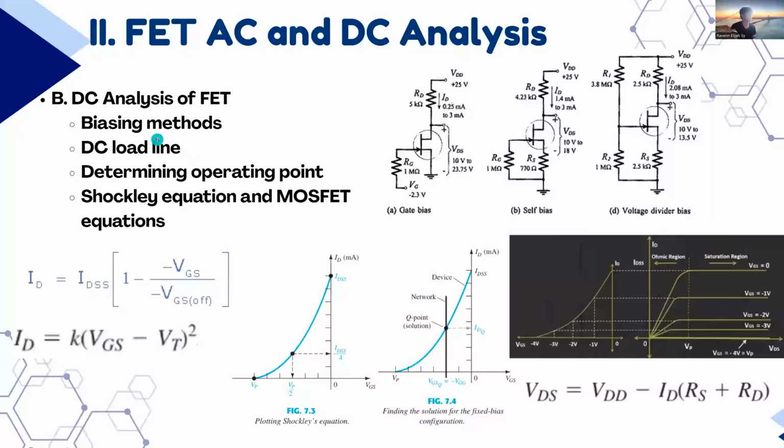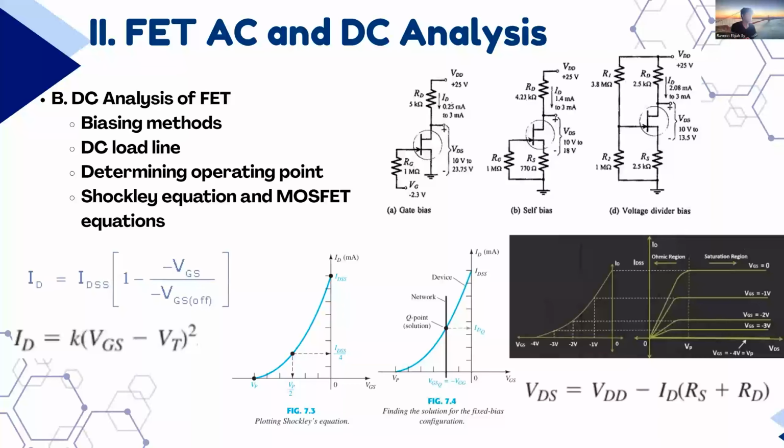Now let's talk about the DC load line. The DC load line is derived by applying Kirchhoff's voltage law to the output drain source loop of the circuit.